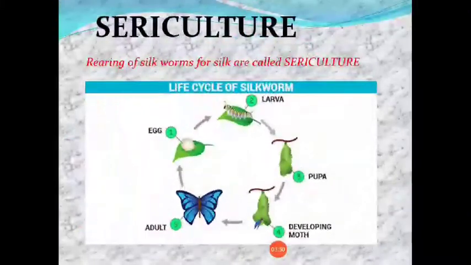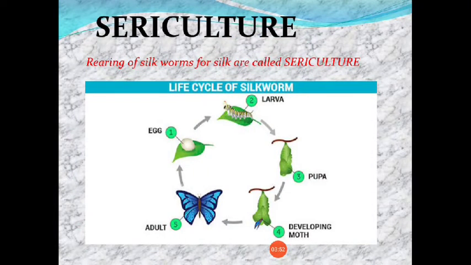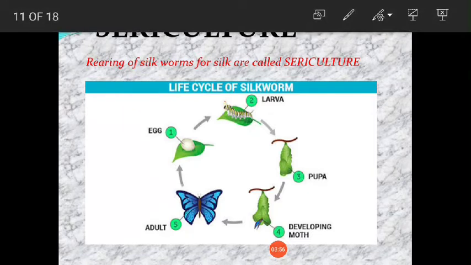Let us see some of the uses of the insects. One of the processes in which insects are reared, or we can say they are looked after and developed, is for getting silk. So this rearing of silkworm for silk is called sericulture. And here is the life cycle of a silkworm. In the first step you can see the eggs.